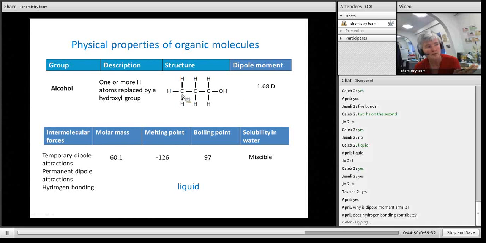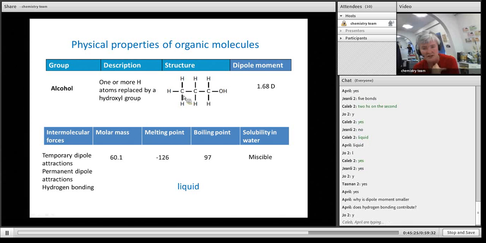So although this oxygen is sucking electron density away, this carbon is not as polar or not as stripped of electrons because of these pushing electrons towards it. So a good one to perhaps compare for polarity is the chloropropane with the propanol. And you'd find then that the propanol, the propan-1-ol, would have a bigger dipole than the other one. So April, does that make sense? It's really because we've got more carbons pushing electron density onto this carbon.